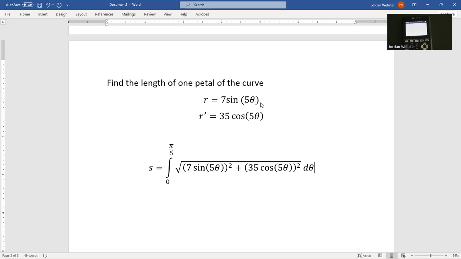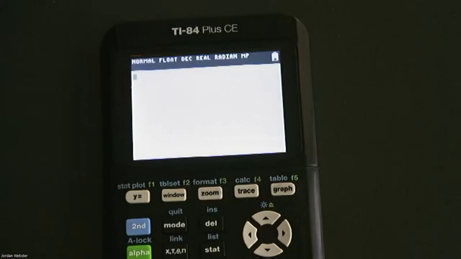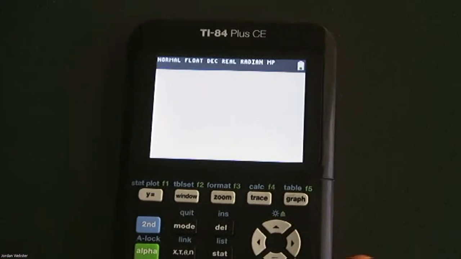So for the arc length setup, we had to find the derivative and then do this square root of the normal function squared plus the derivative squared. And then integrate that. In this case, we had to go from 0 to pi over 5. That would be the length of one petal on that curve. Now, nothing very interesting.